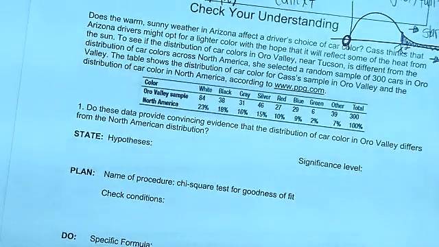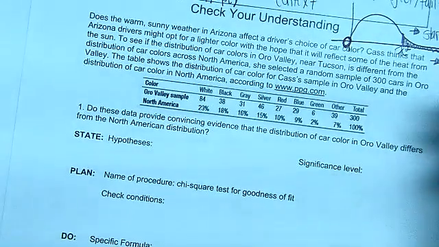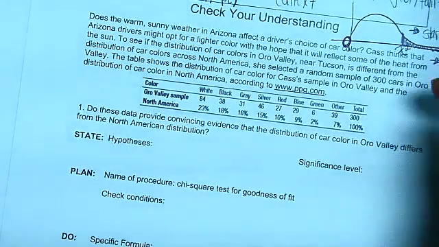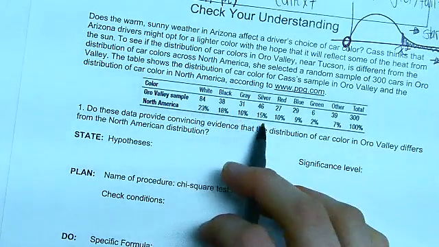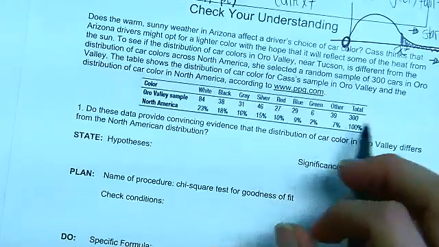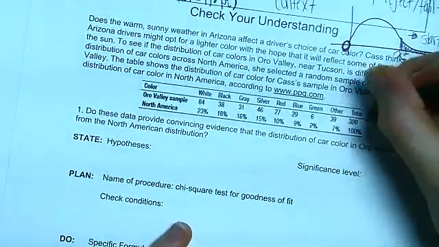We're going to, once again, look at this situation. We have all of this data. Tricky part is, once again, these are my true proportions of my sample. So these are my observed.